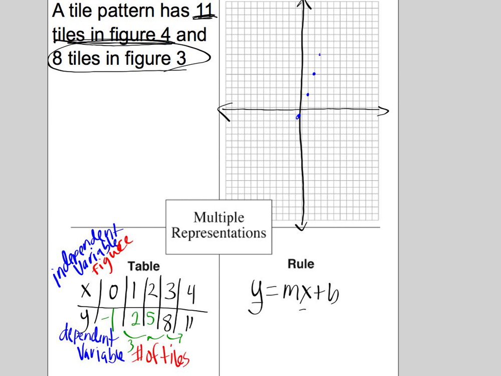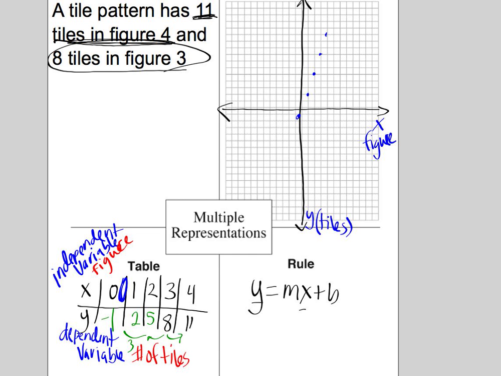So X represents the figure. I'm going to add some labels because that's a proper graph. Y represents the number of tiles. And we have a graph of our situation. And it is discrete, meaning we should not connect it because it doesn't make sense to have 0.5, a number between 0 and 1. So we don't need to connect this one. Okay? But we could continue our graph on, since we have more space if we wanted, and it keeps going.